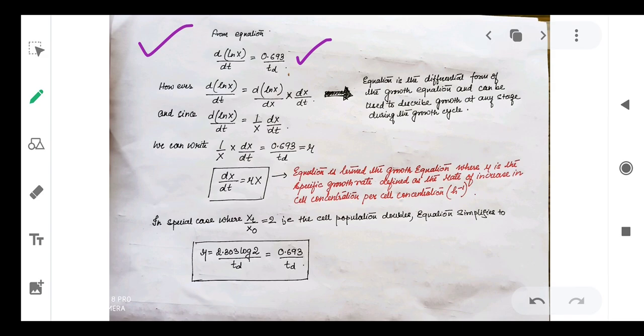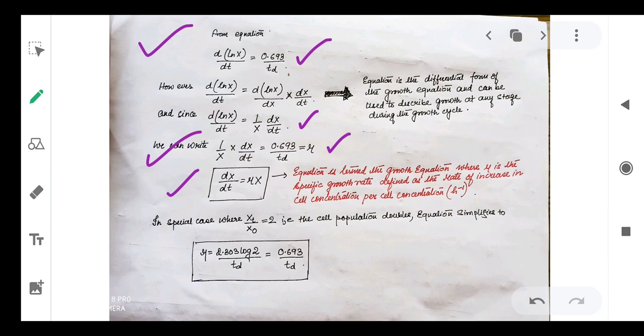Since d ln X by dX is 1 by X, we can write 1 by X into dX by dt is equal to 0.693 by Td, which we have got. That is equivalent to mu. What is mu? Mu is the specific growth rate. We can simplify the equation as dX by dt is equal to mu X.